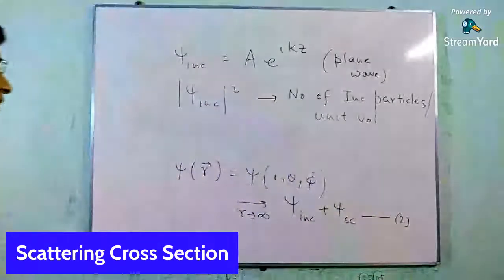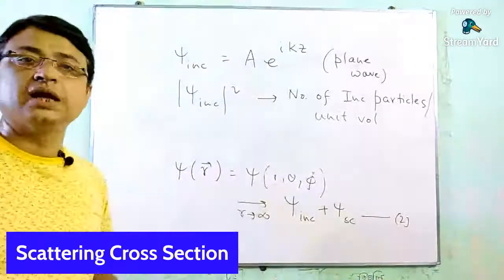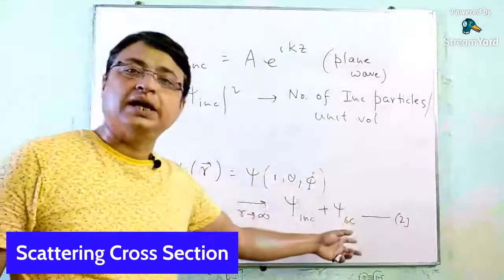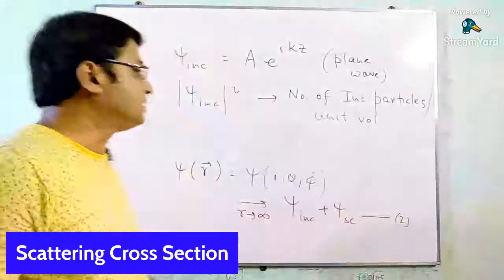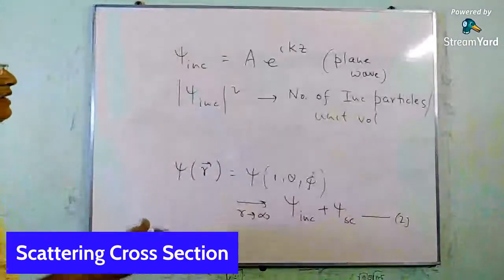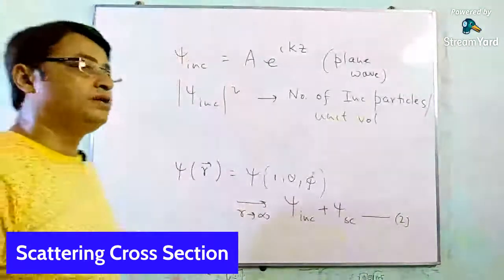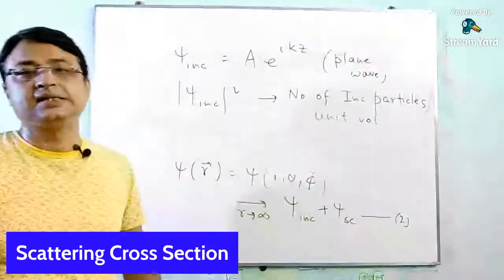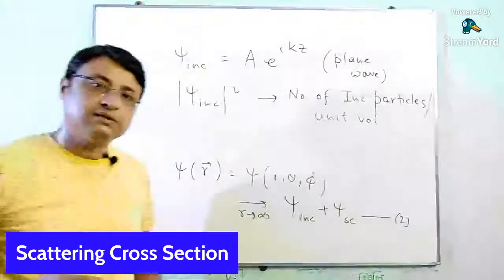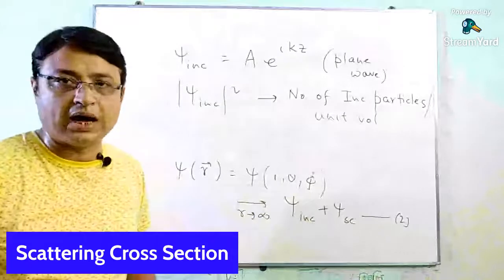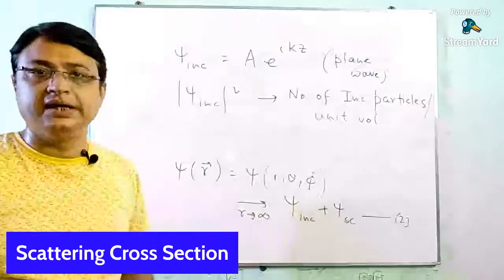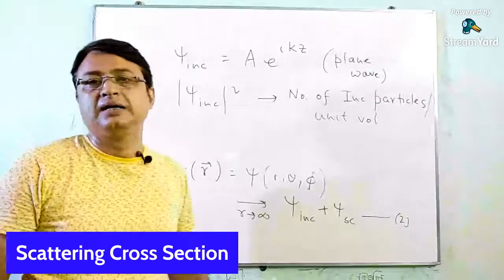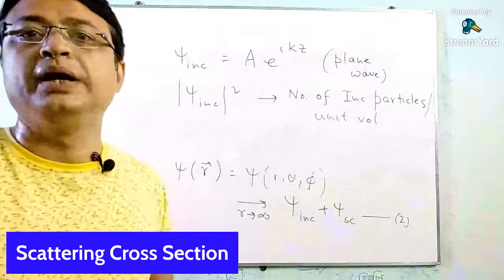Okay, just write it down: psi of r, which is a function of r, theta, phi, when r tends to infinity, becomes psi inc plus psi sc, and this is equation 2. Now, as the number of incident particles per unit volume is the density, if we normalize psi inc in such a manner that the number of particles per unit volume becomes 1, it actually means that the value of capital A should be 1.